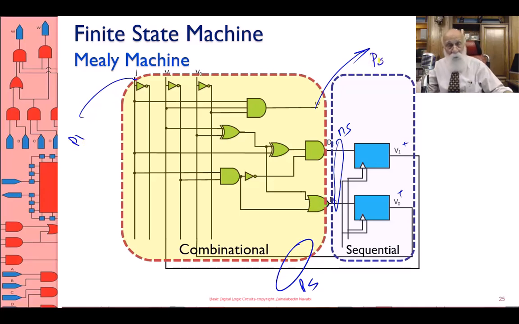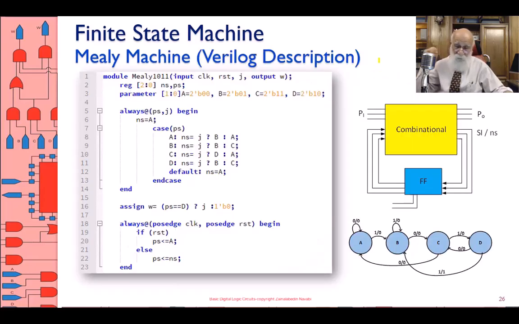You want to write Verilog, as simple as what you did before, and there is one little difference which I will be showing. All right, so once again, I have the model as a combinational block and a register block, which is this. This is the present state, this is the next state.